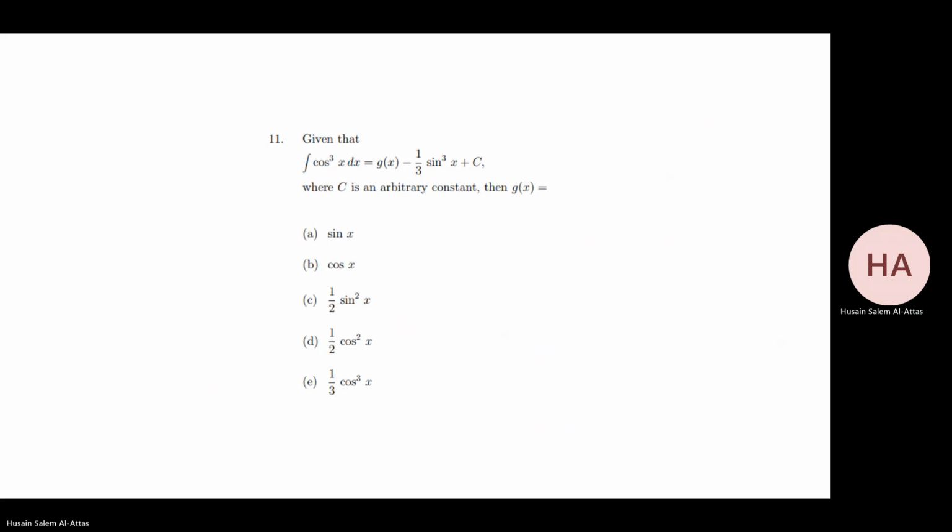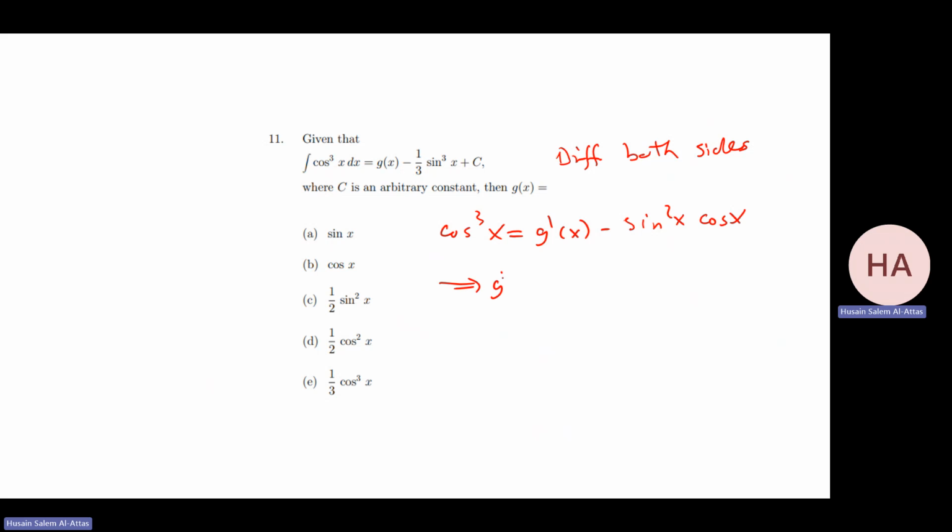Okay. We did something similar. It was for sine. We'll do it now for cosine. Differentiate both sides. That gives me what? Cosine cube equal g prime minus sine square x cosine x.